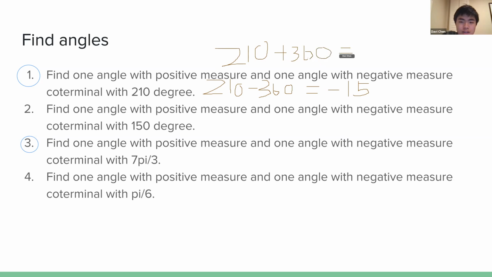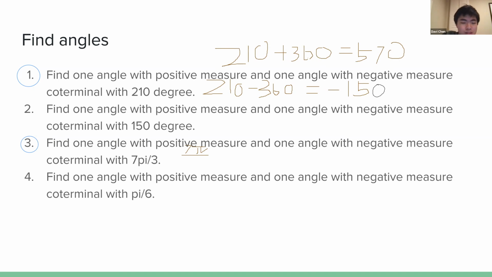Yeah, 570. So for the third one, 7 pi over 3. Wait, let me fix this really quick.